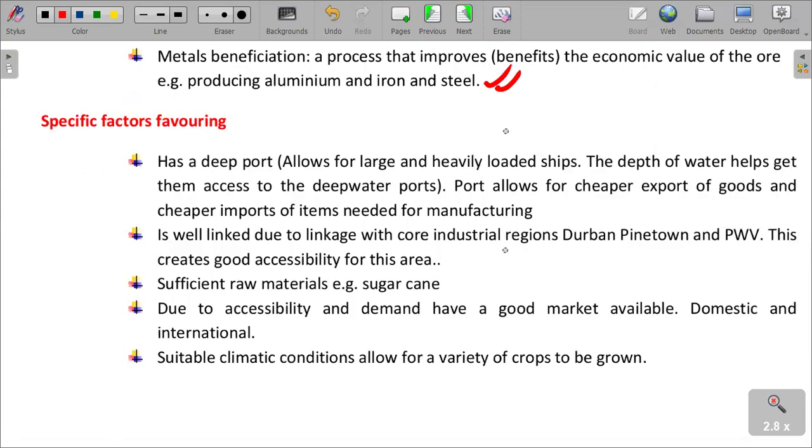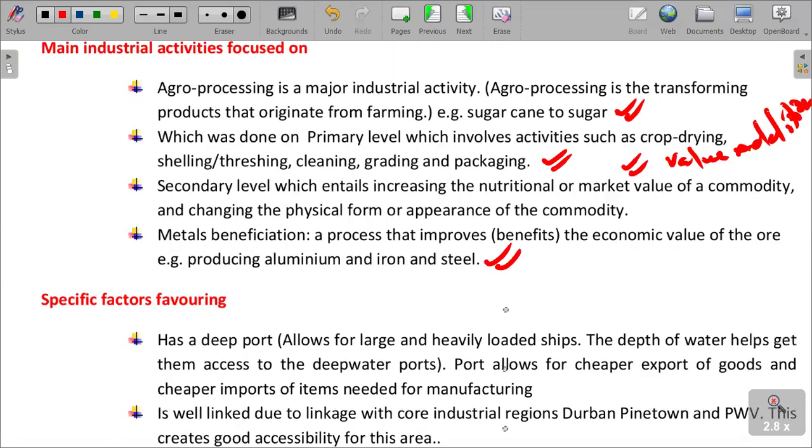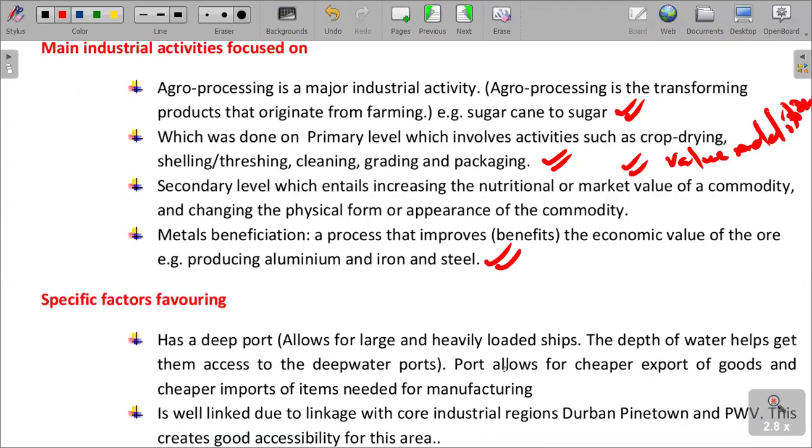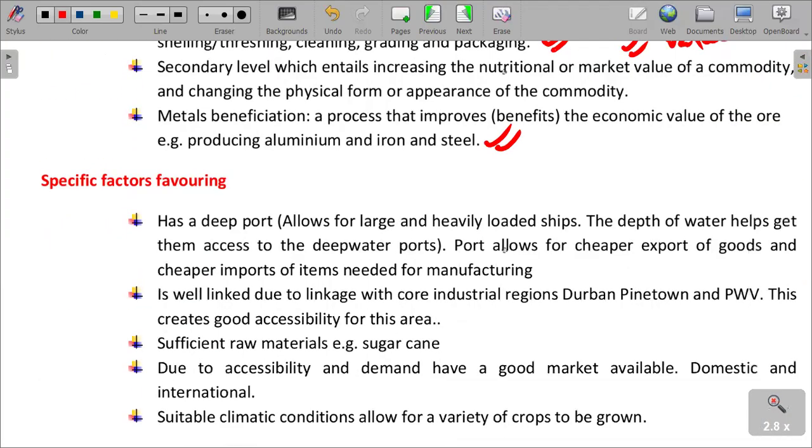Specific factors favoring the Richards Bay Development Initiative. What are the specific factors favoring the Richards Bay Development Initiative? We talk about the deep port waters that allow for cheaper export of goods and cheaper imports of items for manufacturing.